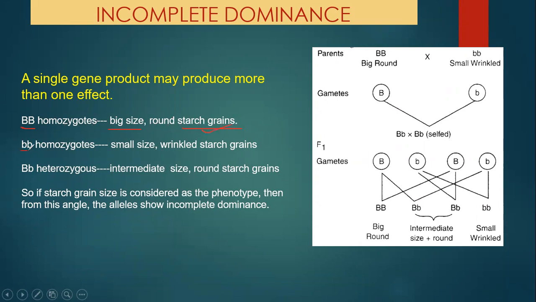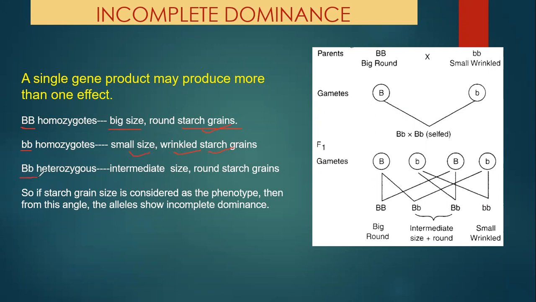If it is small b homozygote, then the starch grain would be wrinkled, and since it is wrinkled, it is of small size.